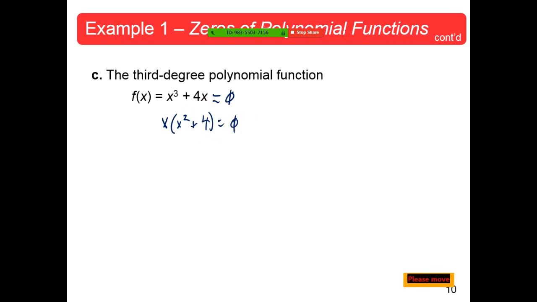Okay? Now, that gives you a pretty obvious one solution. X equals 0. The other one would be x squared plus 4 equals 0. Okay? What seems wrong with that picture?